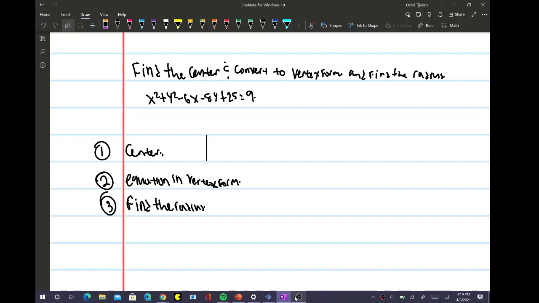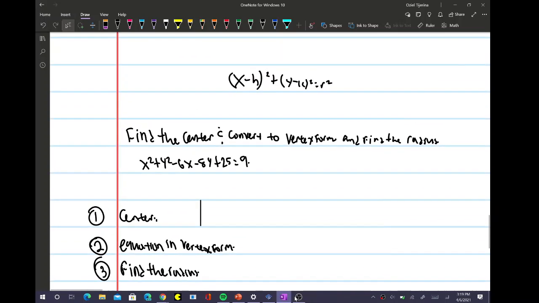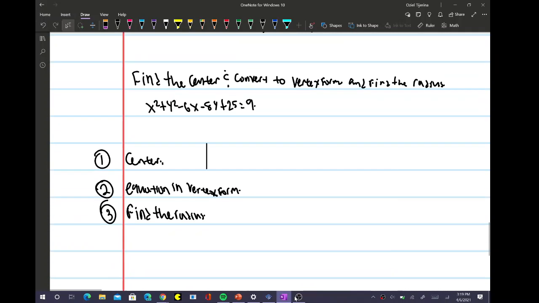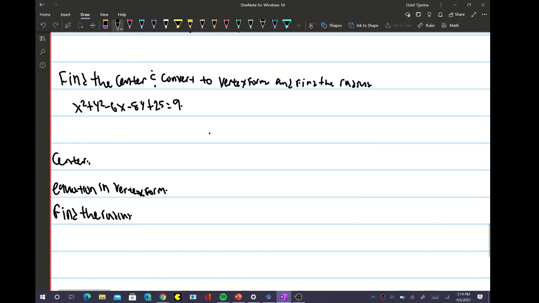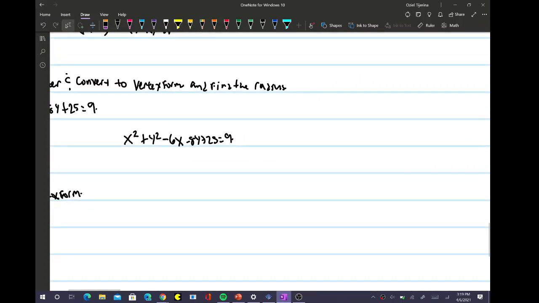So basically here, we're going to find the center first, okay? So we have x squared plus y squared minus 6x minus 8y plus 25 equals 9. Now this is where you really have to know how to complete the square. If you don't know how to do that, please go on my YouTube channel, there's a whole video on how to do that.